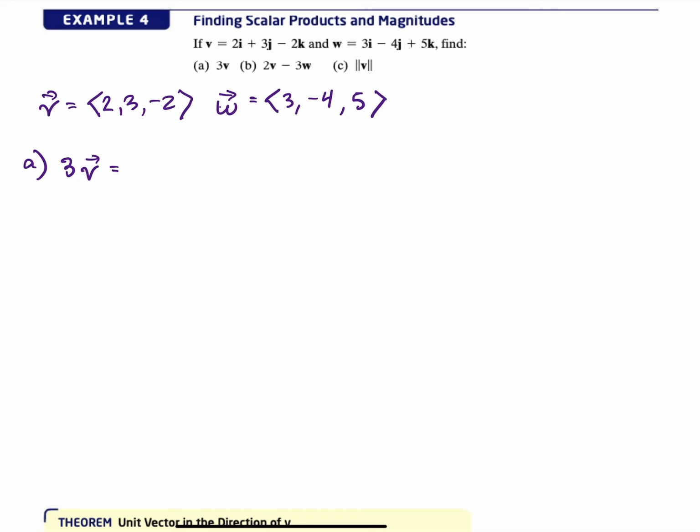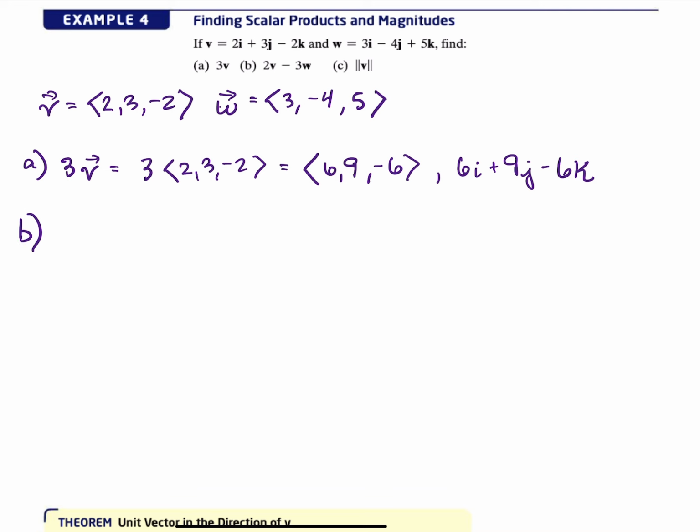So we would just distribute that to every term. That would be 6, 9, negative 3, or 6i plus 9j minus 3k. Oops, no, not minus 3. That should be minus 6. Because 3 times negative 2 gives us minus 6 here.